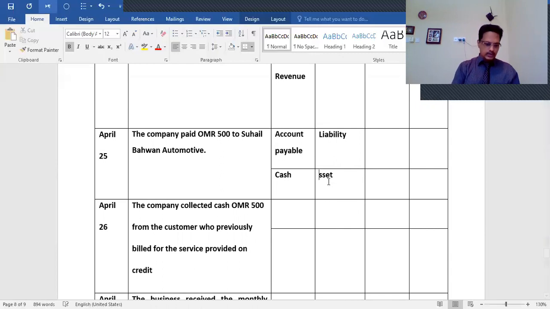Now tell me, Suhail Bhavan, you have to pay money. It is your liability. You pay money, so your liability goes down, decreases, and your cash is also going out. It decreases. So liability decreases.